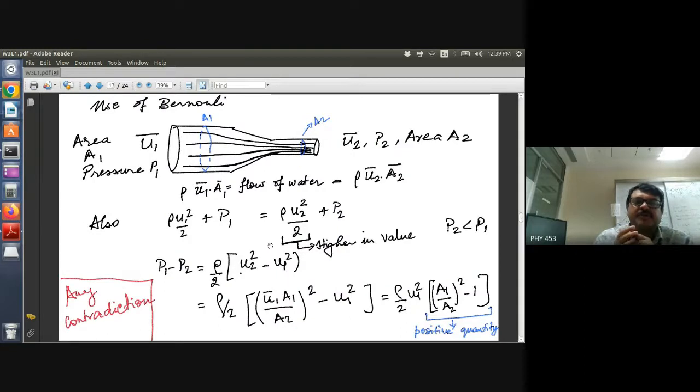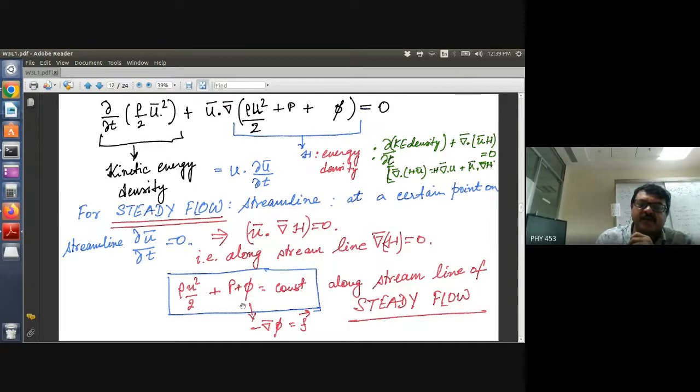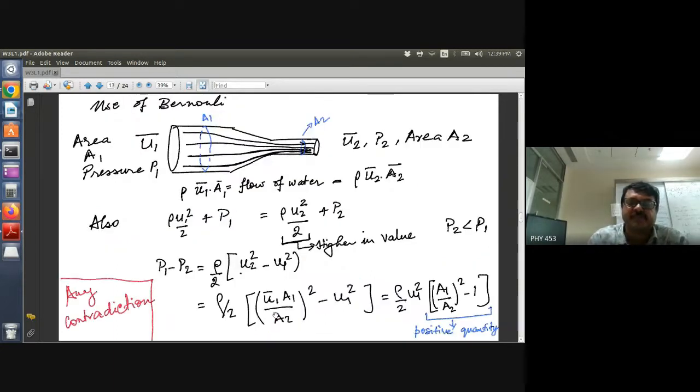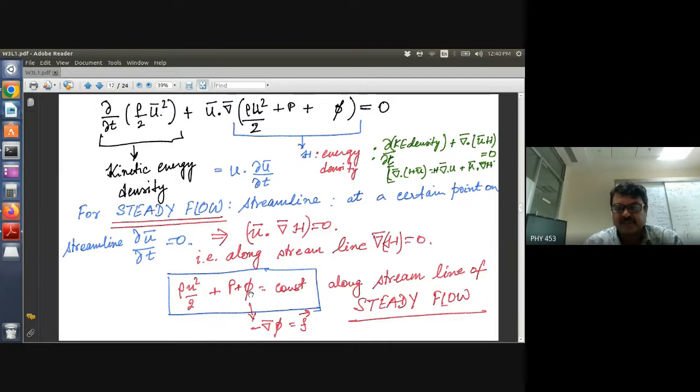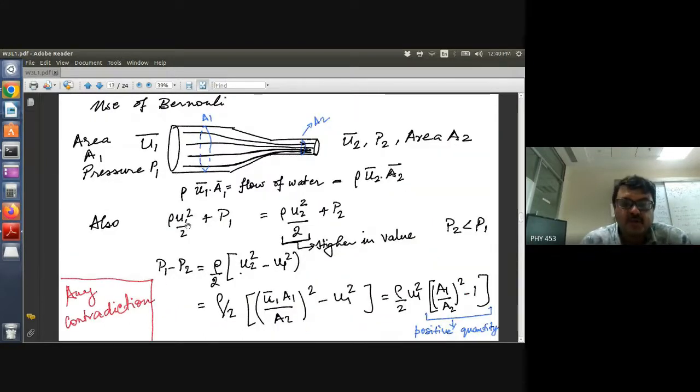And how does one use that? So this is basically the Bernoulli equation for an inviscid fluid: the kinetic energy density plus pressure plus phi. Suppose you had a flow with a larger cross section here and a smaller cross section here, and suppose there was no scalar potential like this, then you could write rho u1 square, if there is a certain uniform flow velocity u1 along this flow.